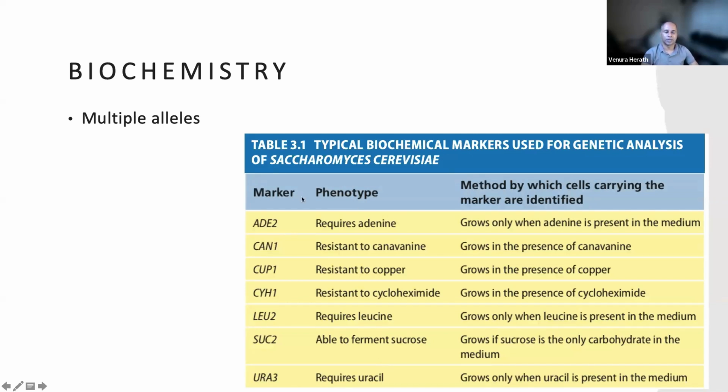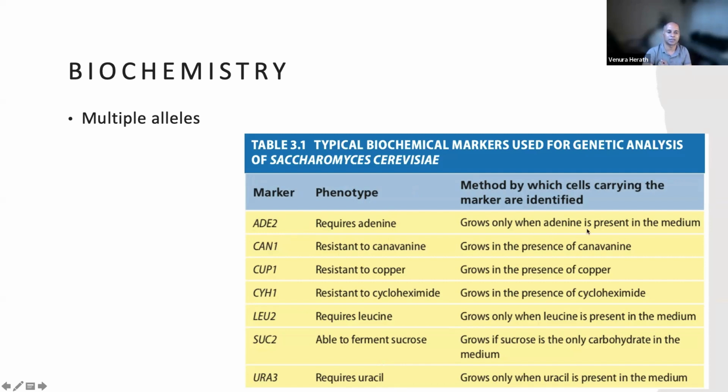They use different markers. As an example, ADE2, and this phenotype requires adenine. So when you grow your yeast, because here we are looking at Saccharomyces cerevisiae, or brewer's yeast, they grow only when adenine is present in that specific medium.